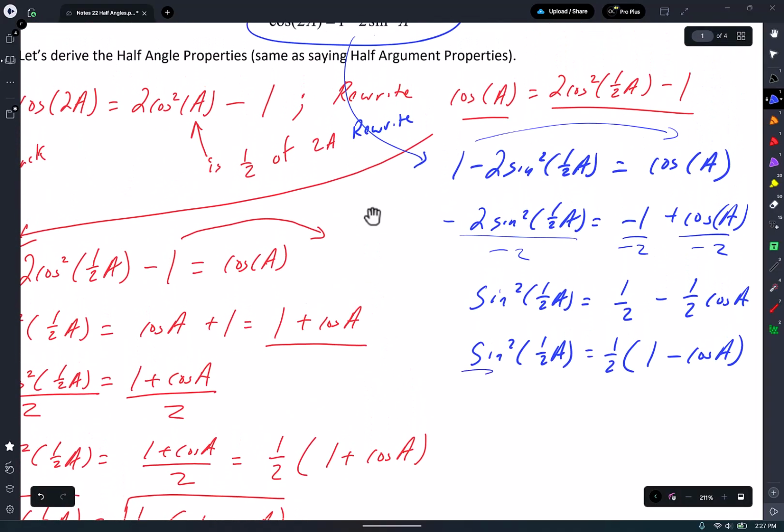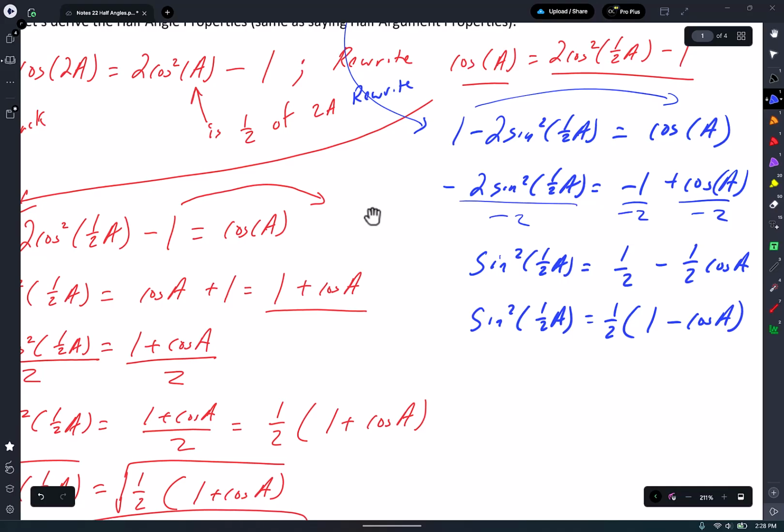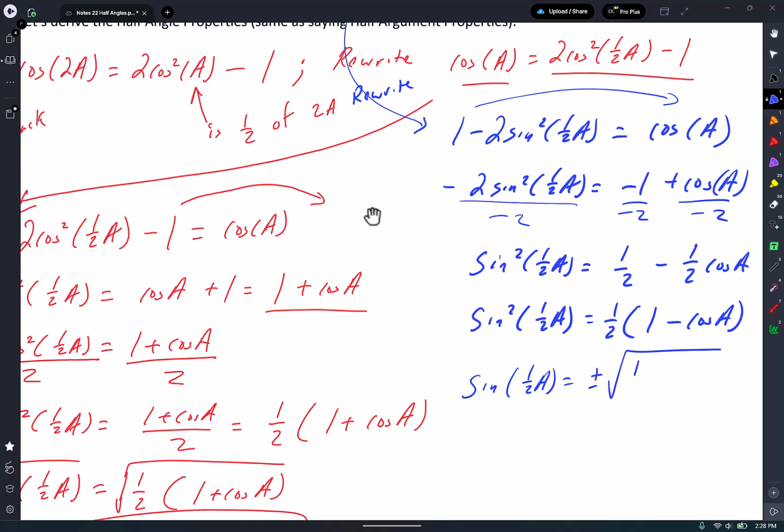And the sine, well, that's a cosine, but notice that on the inside I have a minus. Do you guys notice that? All right, take a square root. So here we go. Sine of 1/2 a equals plus minus square root 1/2 parenthesis 1 minus cosine a. And there it is. That's another half angle formula.